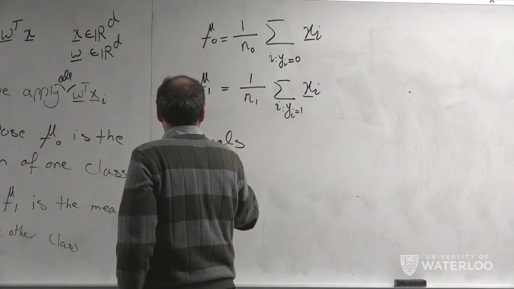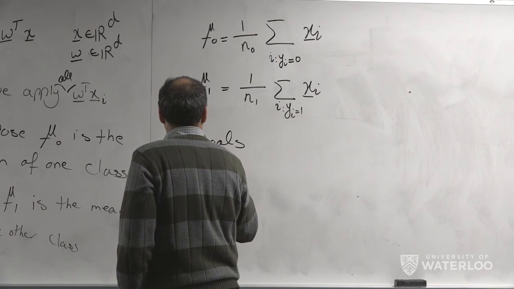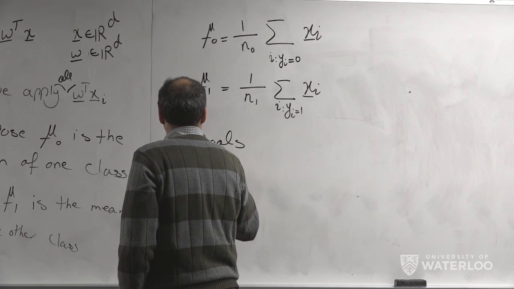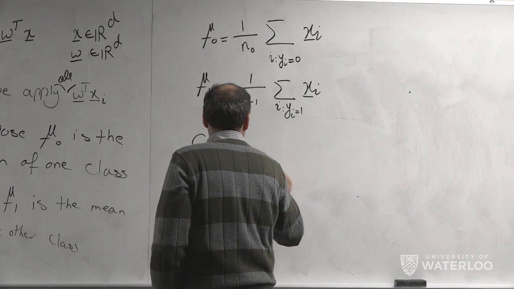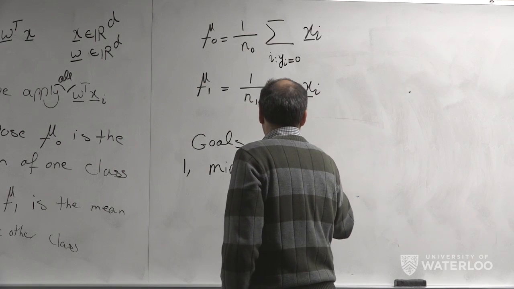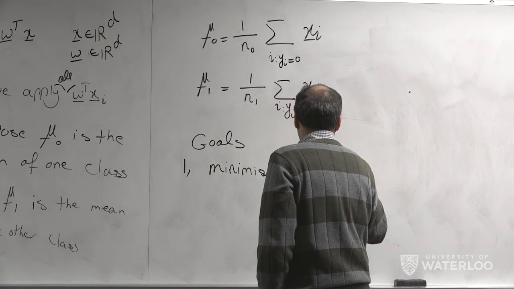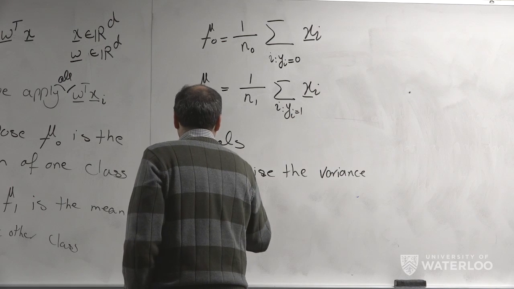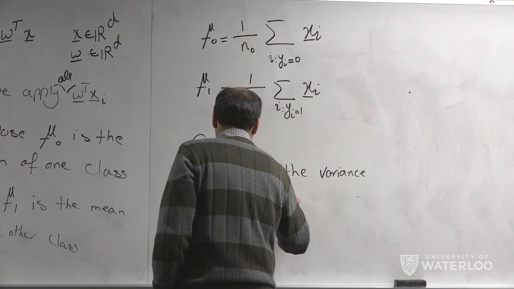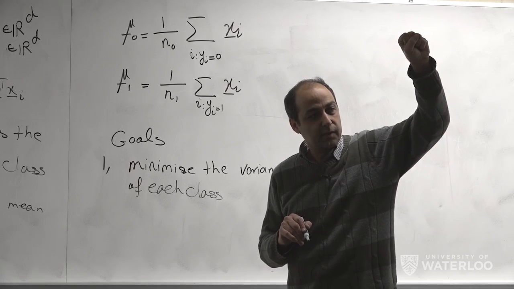Goal 1, minimize the variance of each class. Means collapse points, okay, as much as possible.